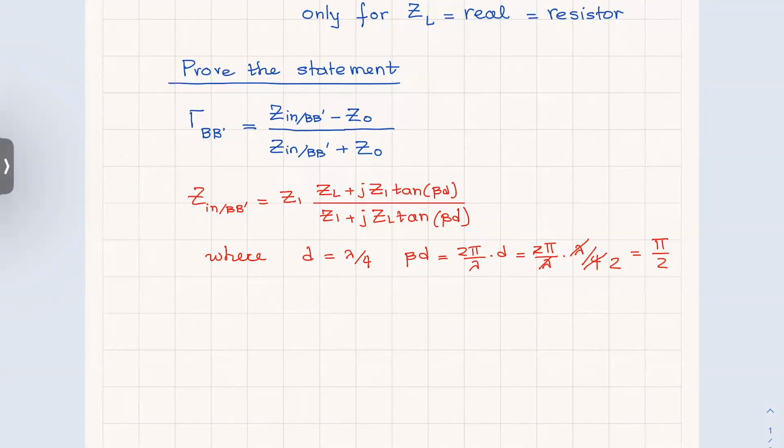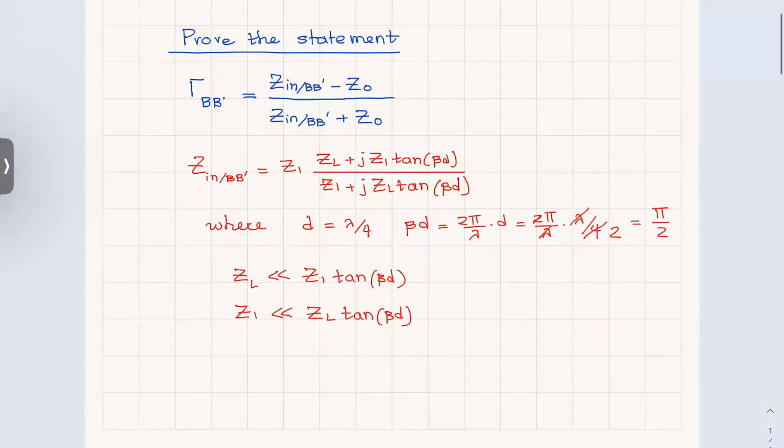Therefore, tangent beta D is going to become so much larger than ZL that in the numerator ZL is so much smaller than Z1 tangent beta D that I can ignore it. And in the denominator, Z1 is so much smaller than ZL tangent beta D that I can also ignore it.